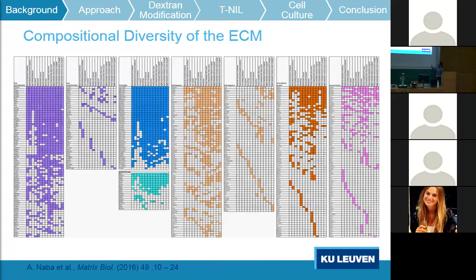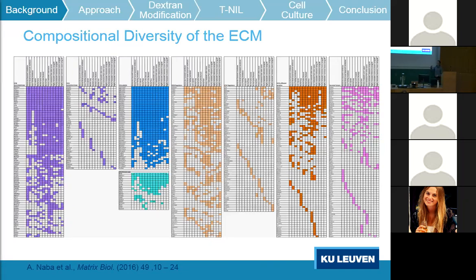And I won't ask you to read this later because I don't even think I can read it right now. But what you have here is a list where every row is a different identified component in the human extracellular matrix, and they number to roughly 450, and these are the core components. So it's a very diverse environment. And in every column at the top, you have either a different tissue or a different state of a tissue.